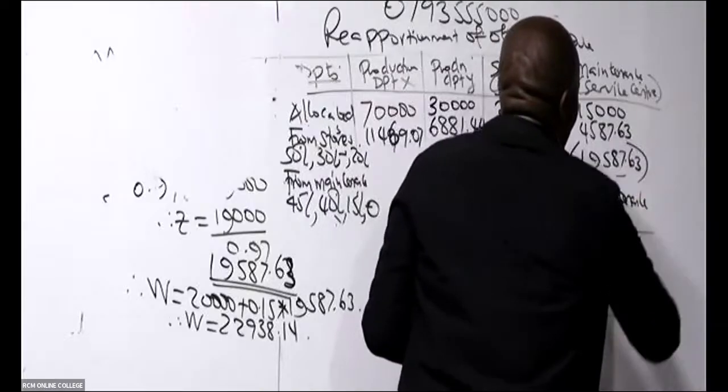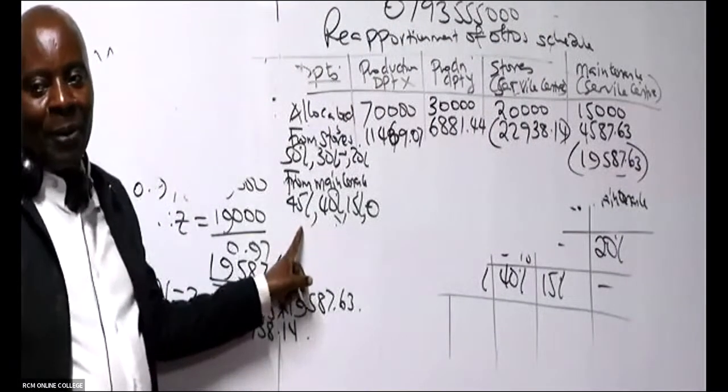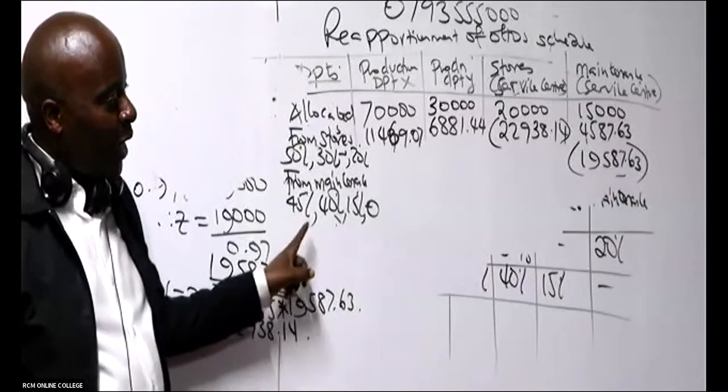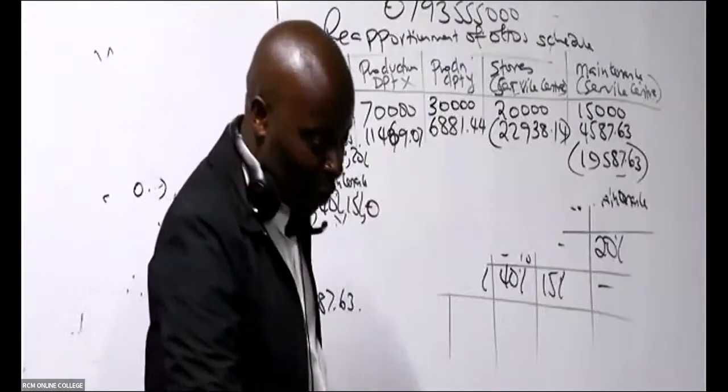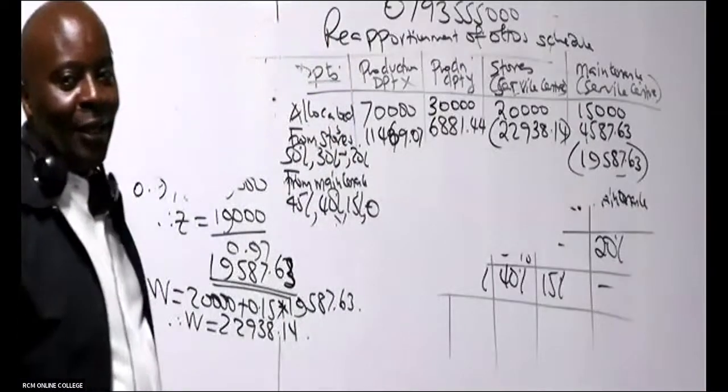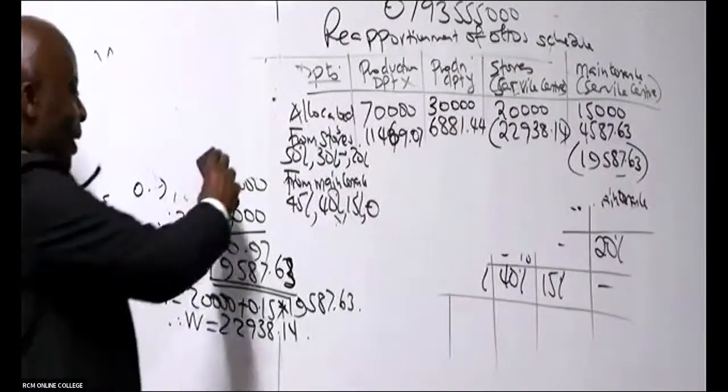Let's just continue. So remember, we are apportioning this using our percentages. So 0.45 of that answer. Today I should give somebody a present.